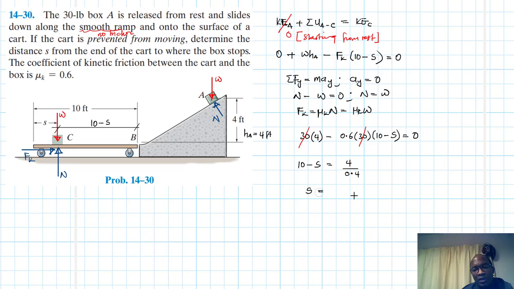Therefore s is equal to 10 minus 4 divided by 0.6. So s will be equal to 4 divided by 0.6, and then subtracting that from 10, we get 3.33 feet. So that is the distance s from the end of the cart where the box will stop.